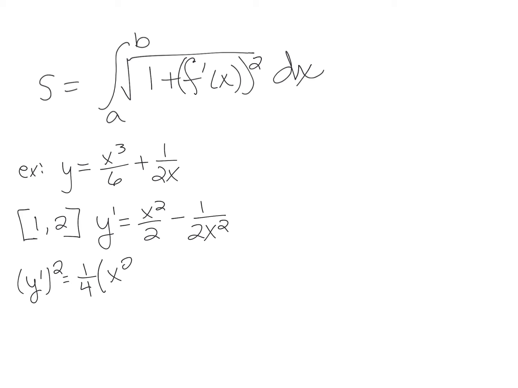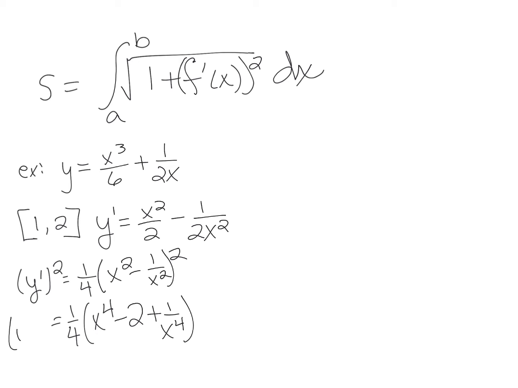That's going to leave me with x squared minus 1 over x squared that I have to square. So it's x to the 4th. The first times the second, that gives me a 1, and I'm going to need to get that twice, so minus 2. And the last times the last will be positive 1 over x to the 4th. So that's y prime squared.